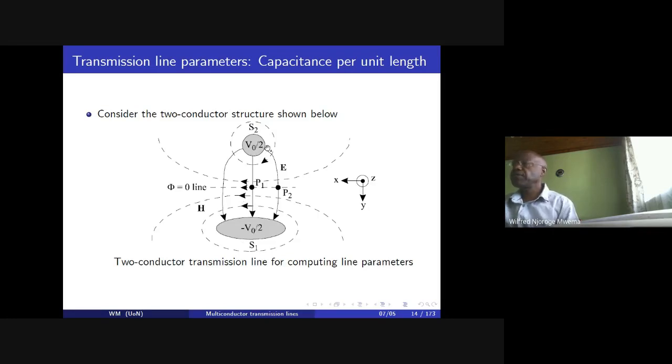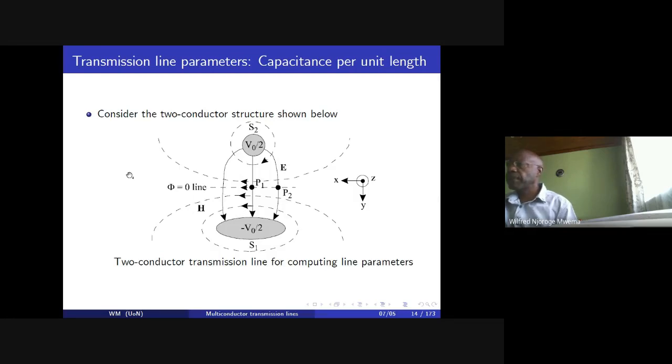Now, since this one is assumed to be positive and that is negative, the field lines, or the electric field intensity, will be normal to those conductors. If we assume that the conductors are perfect, then they are going to be normal everywhere, as shown there.